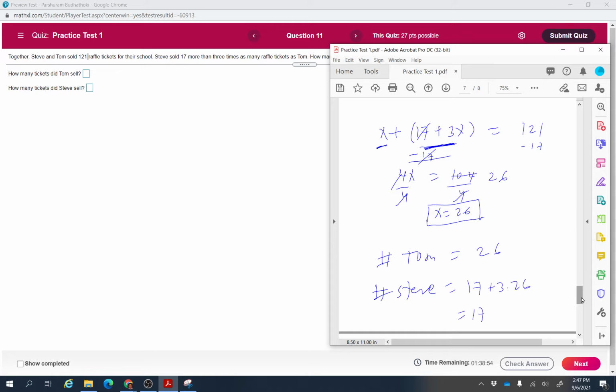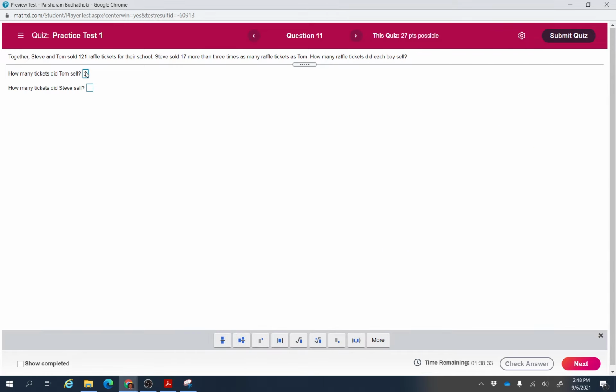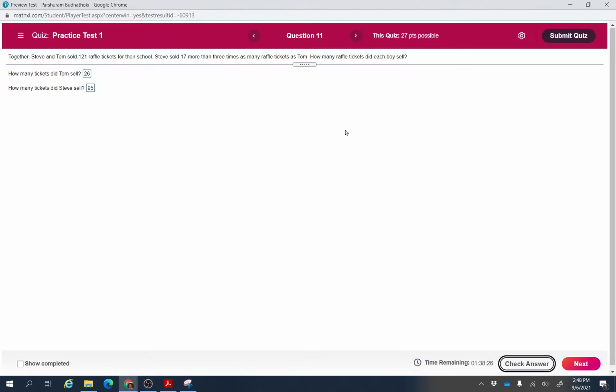So we have to do math here. 3 times 26 is 78, plus 17 is 95. So 95 plus 26, that will actually be 121. So how many tickets did Tom sell? It's 26, and 95 by Steve. Correct.